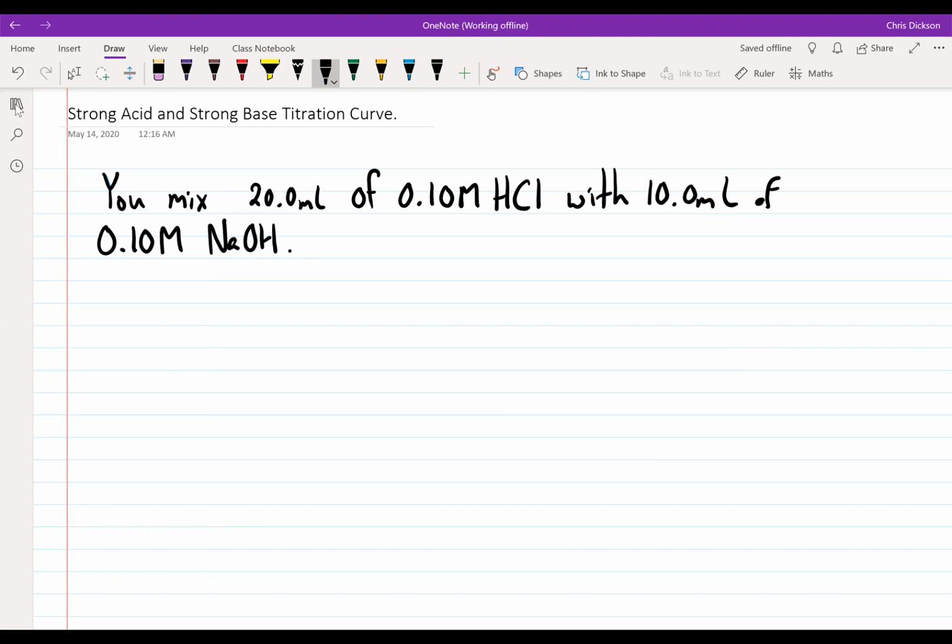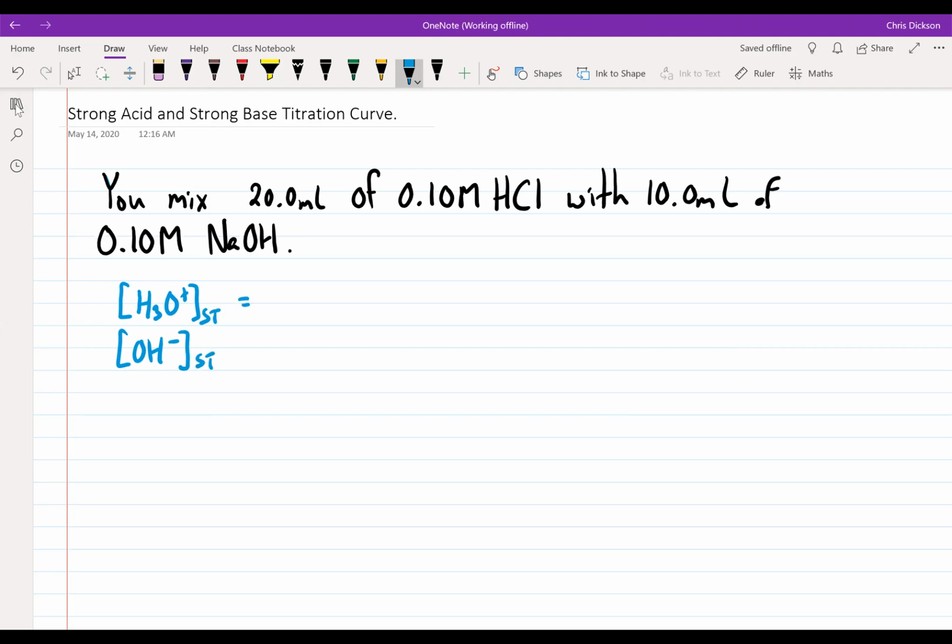This is the kind of question where you had to choose between two formulas, whether you had excess hydronium or excess hydroxide. So the first thing we want to do is find the concentration of the hydronium and the concentration of hydroxide that we would be starting with.